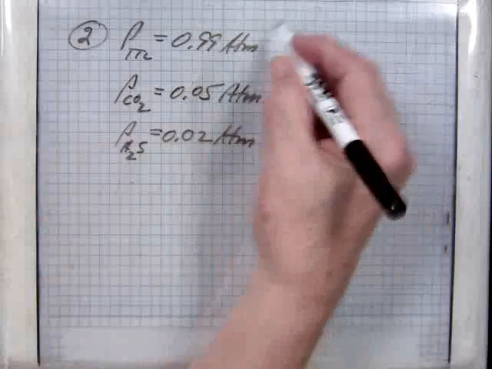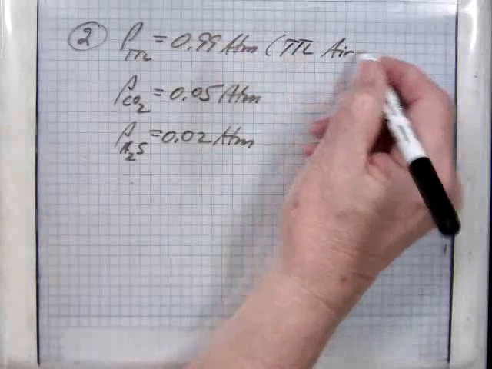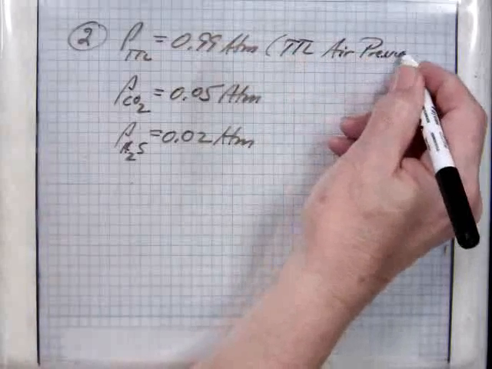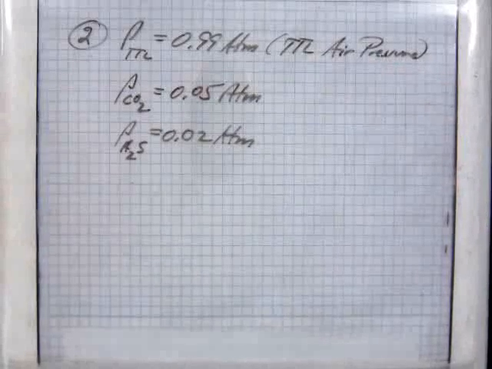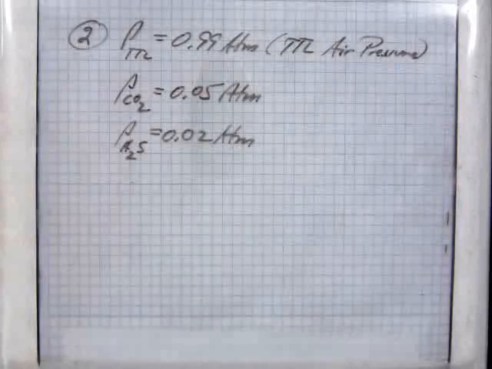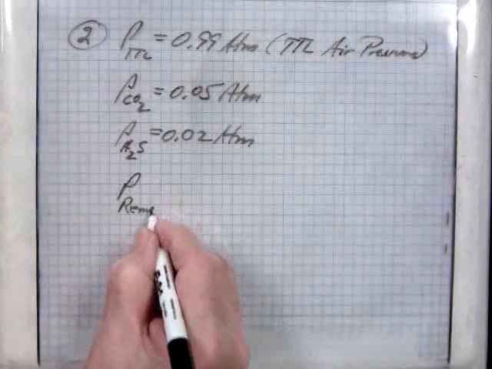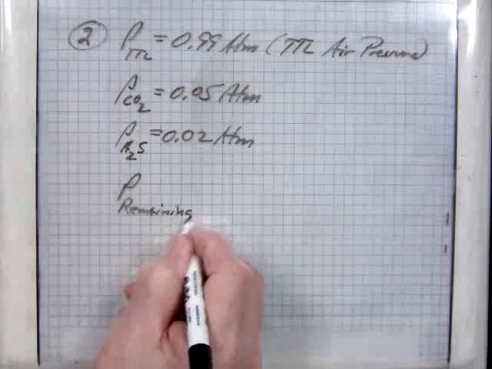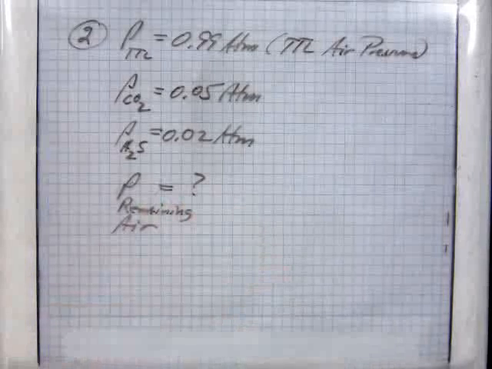Okay, so this is the total air pressure, which happens to be the sum of all of the individual pressures. So the question is the remaining air. That is your central question.